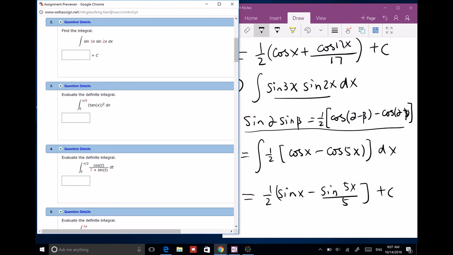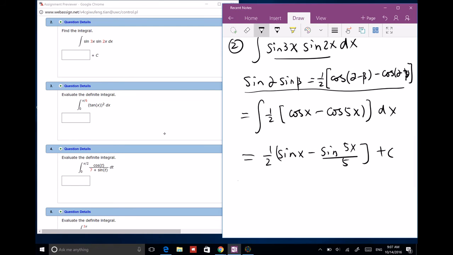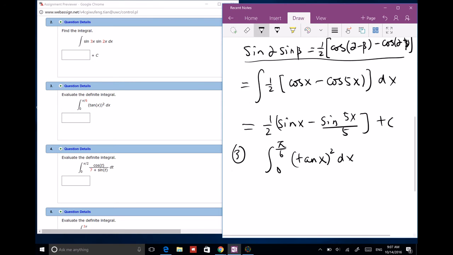So number three, the integral from 0 to pi over 6 of tangent squared x. Before I do it, can anyone tell me what you do? How do you finish this one? This is a review, you should know it, because you did this one before.